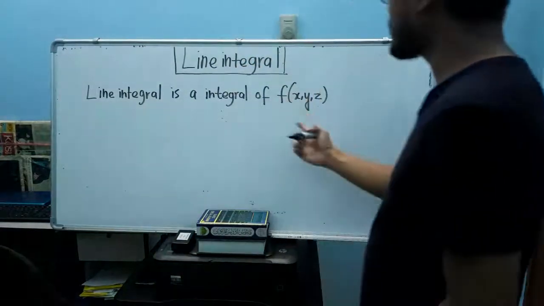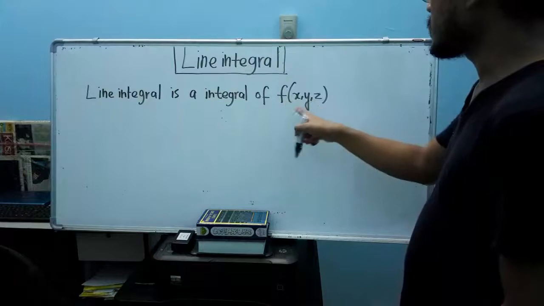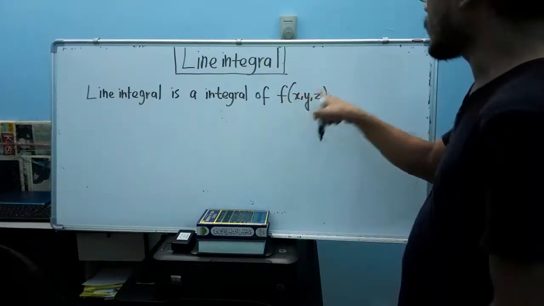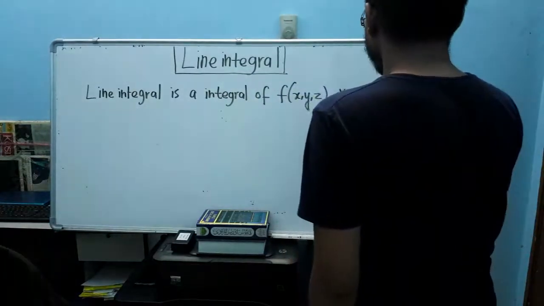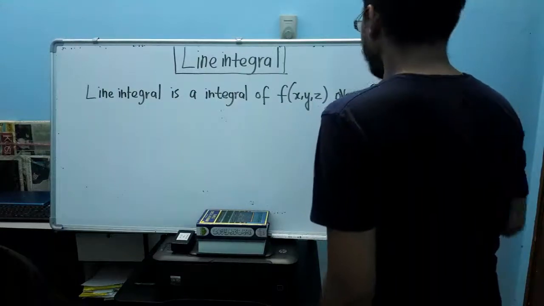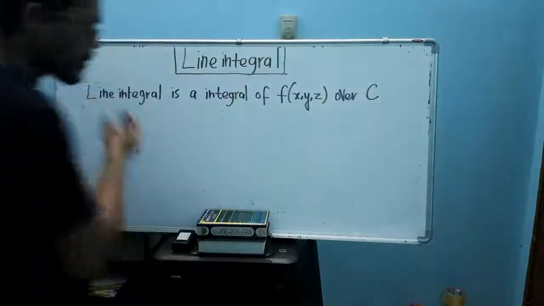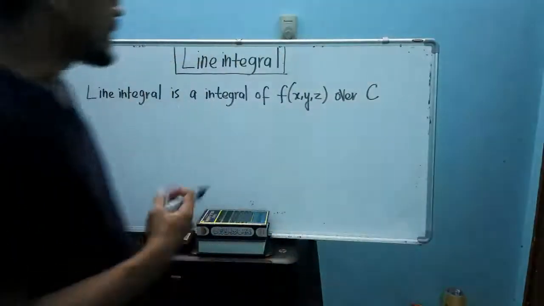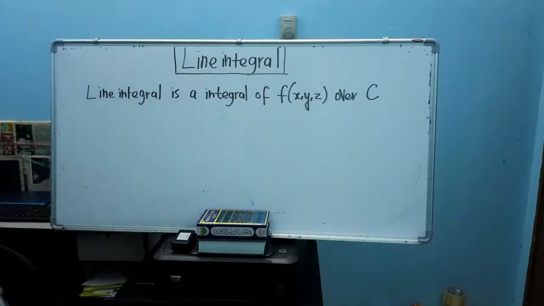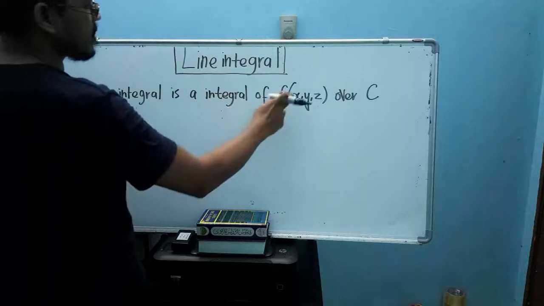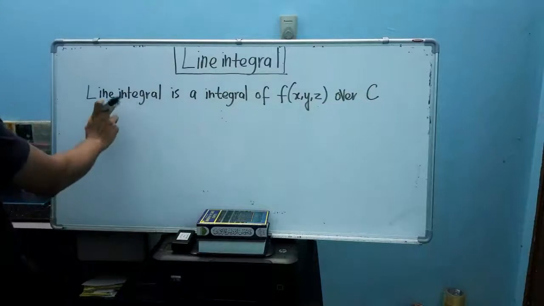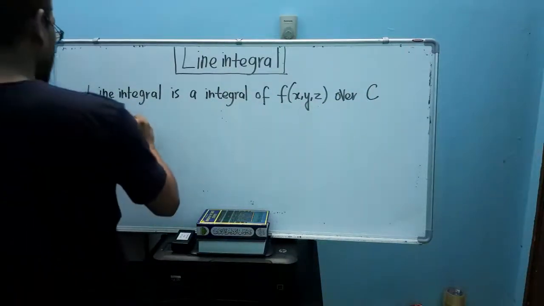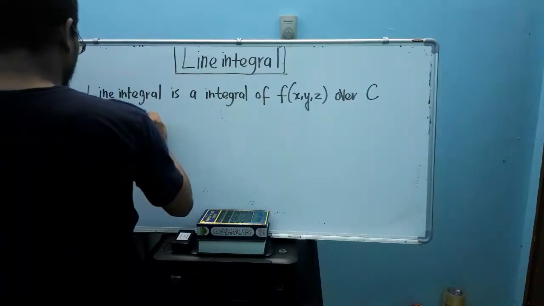We consider a general function here, which means this function depends on 3 variables x, y, and z, over a curve C, where C here is just a curve in space. The integral of the function over C we call a line integral, and we denote the line integral as this one.